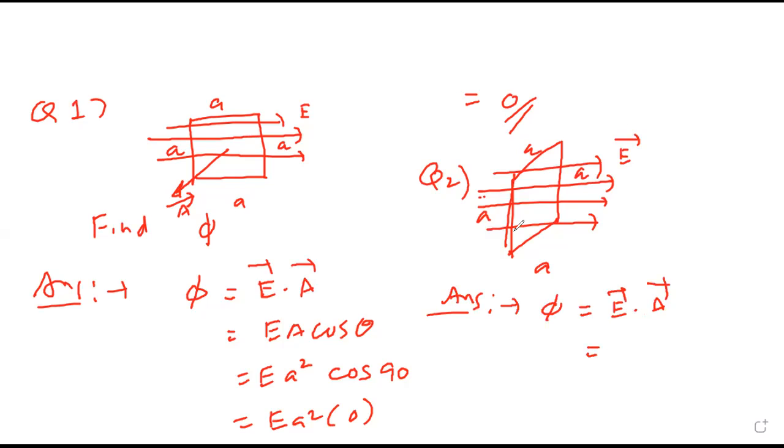Now in the second case, can you tell what is the angle between area vector and E? Is it 180? No, 0. Area vector is always perpendicular to the surface. So EA square.